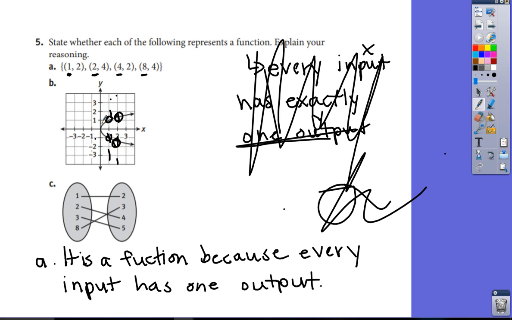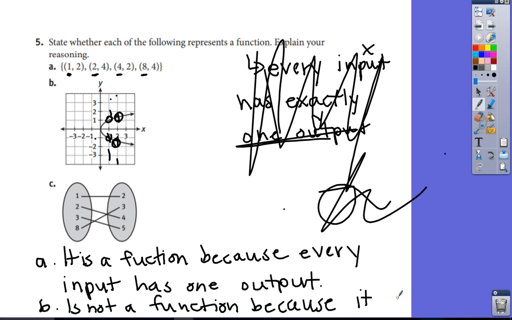So because it has two y's and it can only have one, it's not a function. Okay, so we're going to say B is not a function because it does not pass the vertical line test.